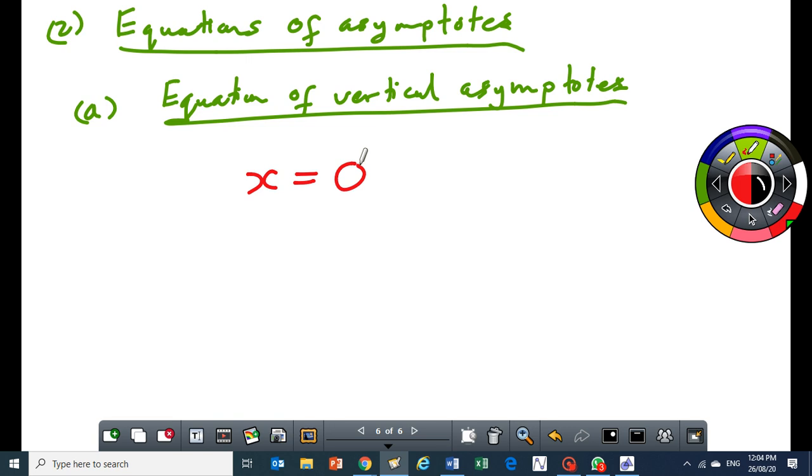So if you get a question asking you, write down the equation of the vertical asymptote, your answer is x equal to 0. Always. You don't have to think about it. Okay? Then, equation of horizontal asymptote.